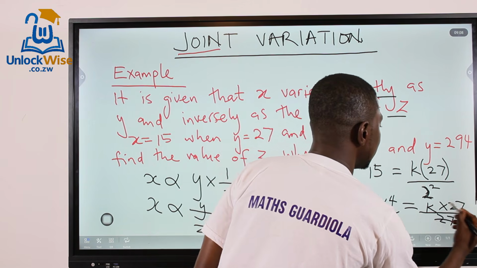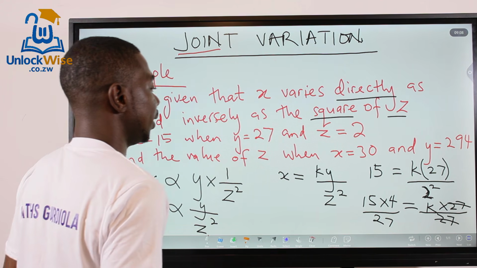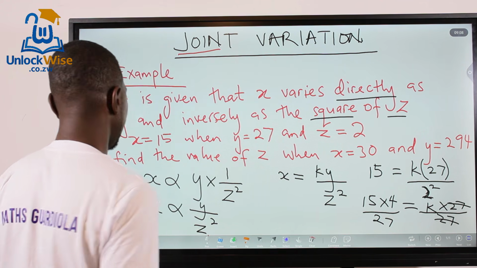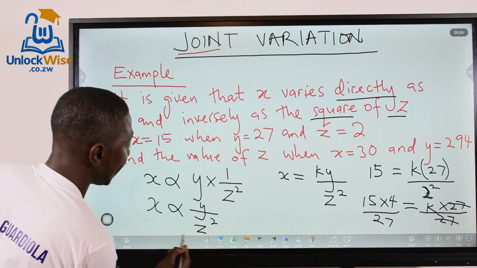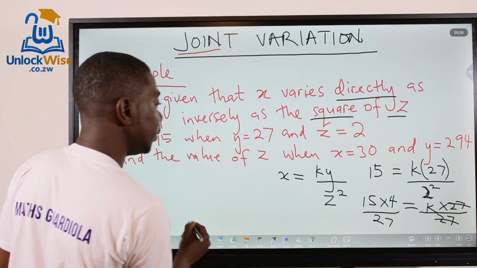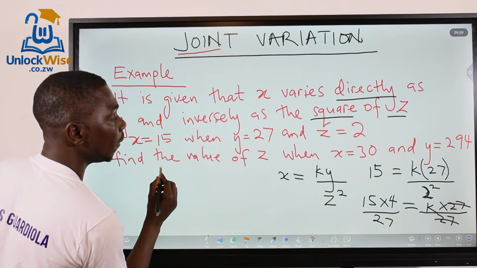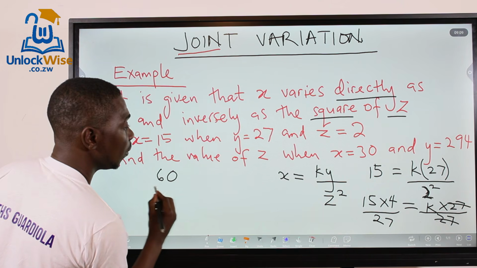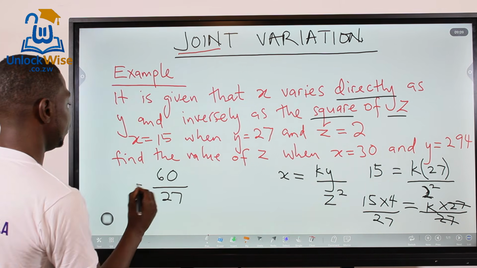So this will cancel each other, and my answer will be something like 60 over 27, which is the value of k.